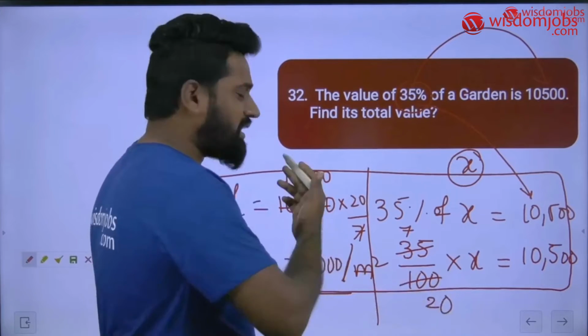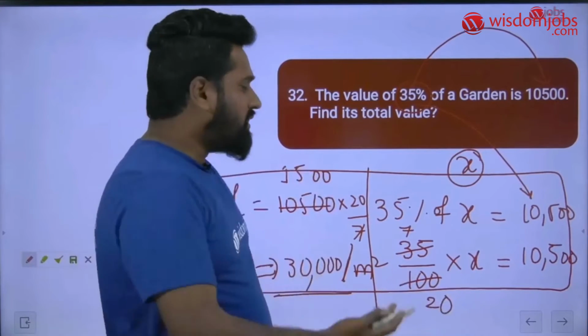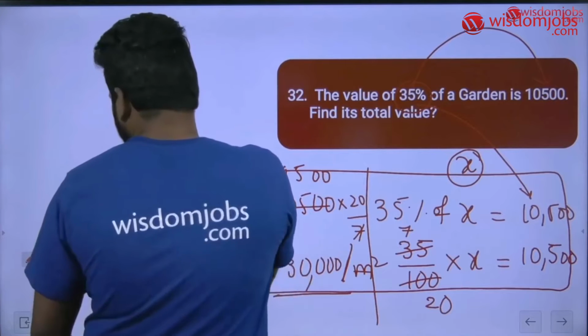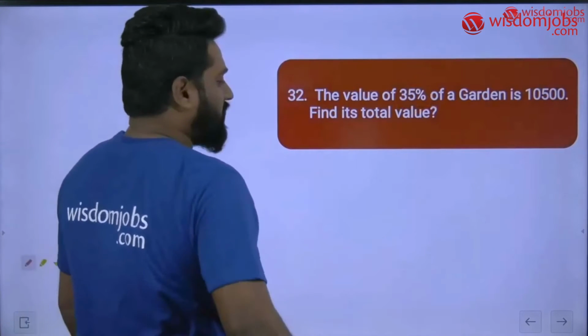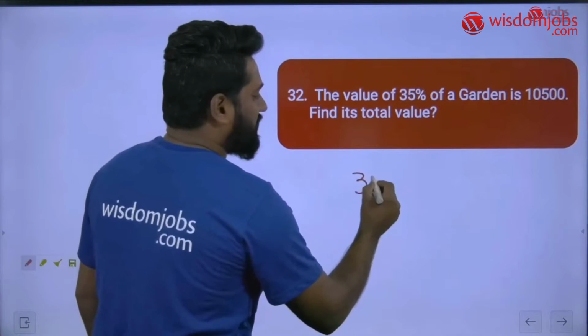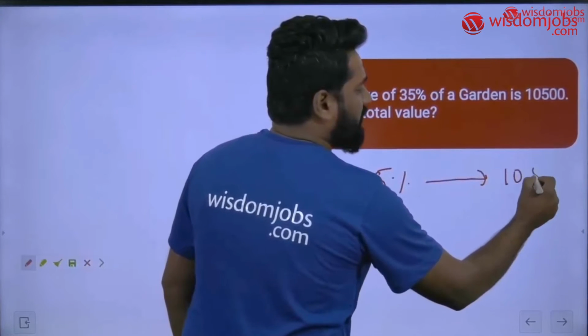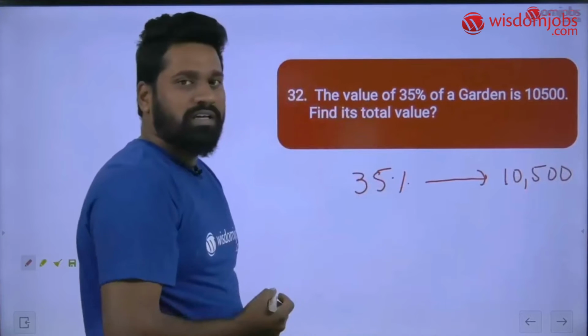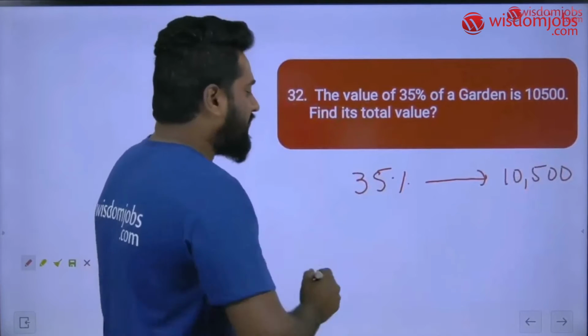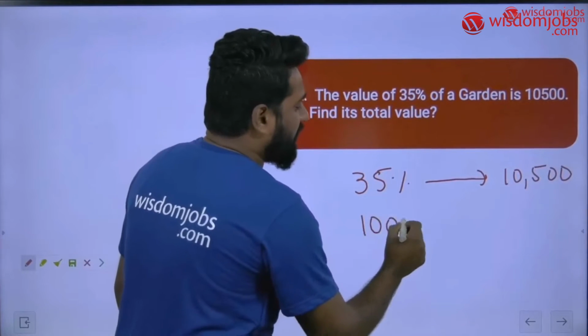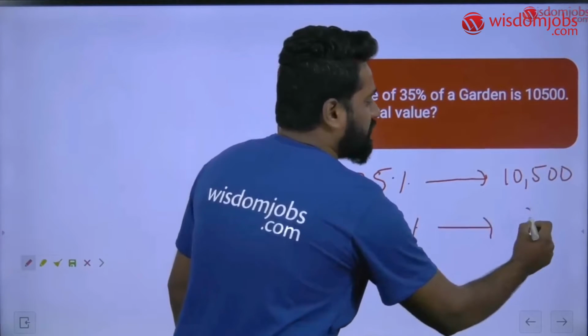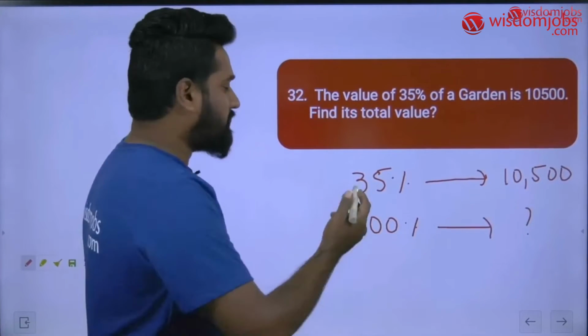That represents the same answer. So let us see that. 35% of that represents 10,500. This is given exactly in the question. So we are finding the entire garden. Entire garden is nothing but 100%. That's all, this becomes the answer.